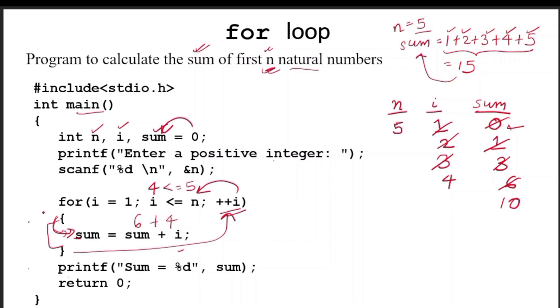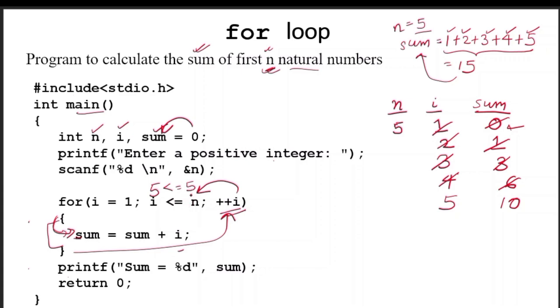Now after executing the body of the loop, again we are going for the increment operation. Increment the I value. So I value from 4 becomes 5. Now again we are going to check whether the condition is true or not. Is 5 less than or equal to 5?